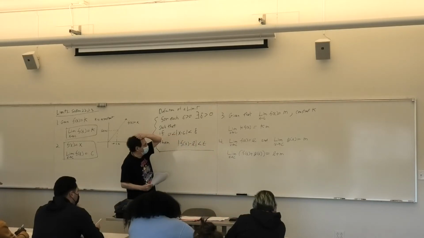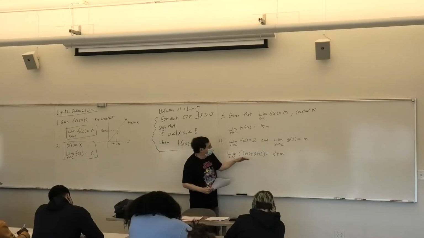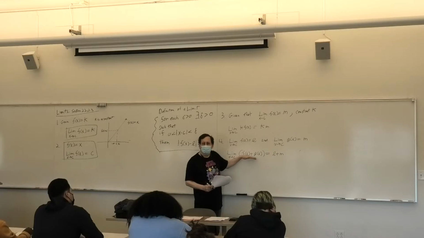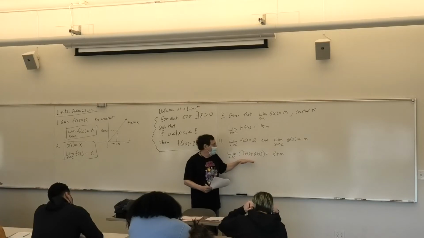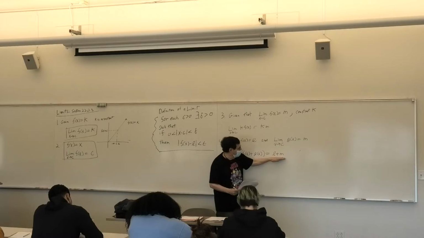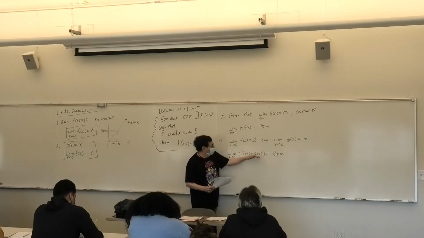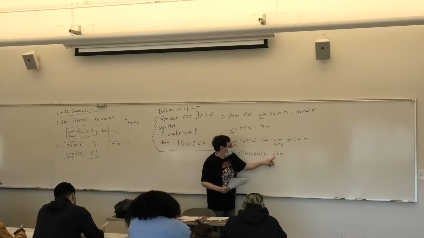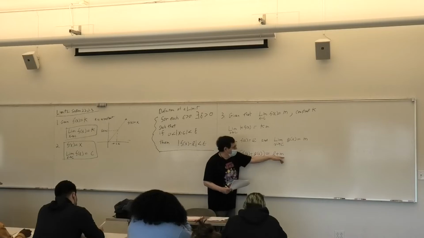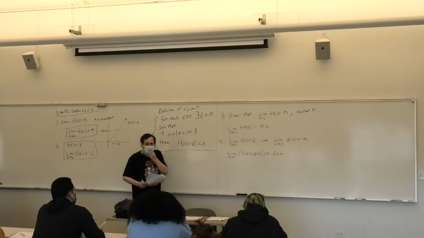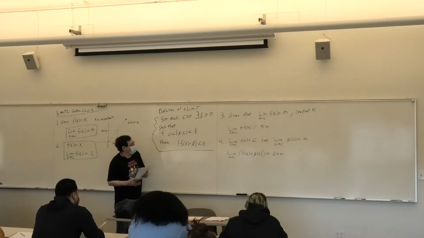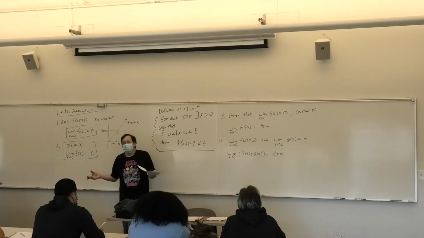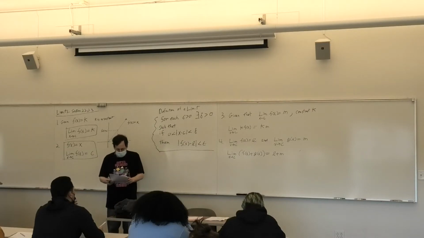Okay, let's just think about this for a second. We have some function that's like the sum of two other functions, and we want to know what its limit is. Well, if we know individually what their limits are as we get close to this value, we know that the limit of our function is just going to be the sum. So to summarize that, the sum of the limits is the limit of the sum. That's one way to remember it.